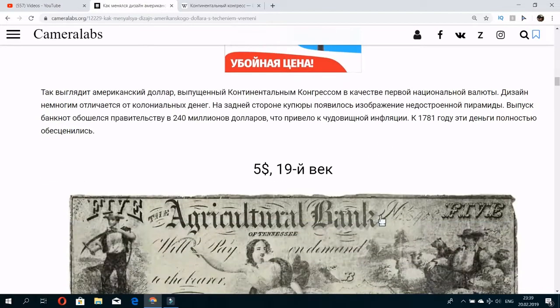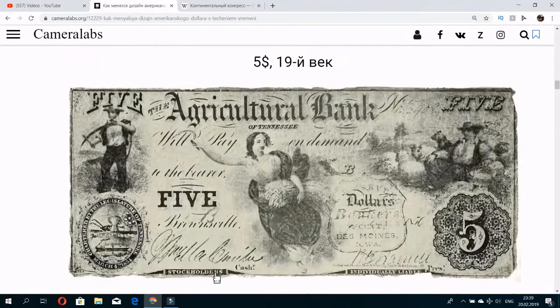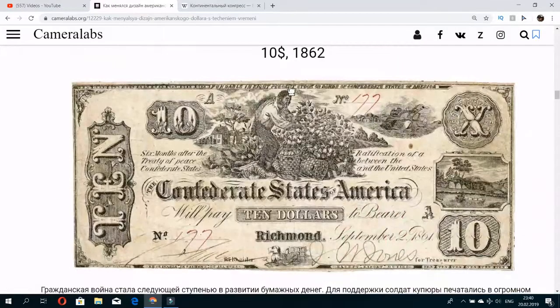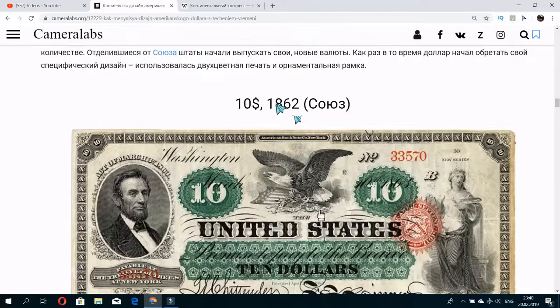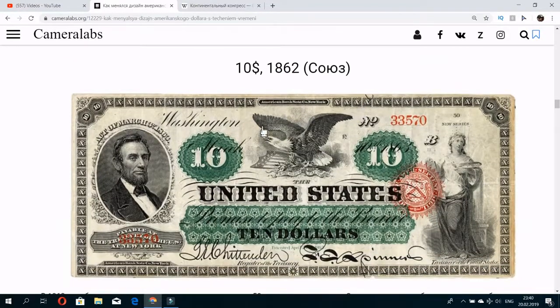Maybe you can find me some pictures of that money so we can check it out, because the first money they start with in the 19th century is 1854, and it's a Bank of Tennessee, and we have Confederate States of America $10. Also 1862 from Richmond. And we see the so-called allies, I don't know how you call them, the northerners, $10, 1862 with Lincoln, probably Lincoln.